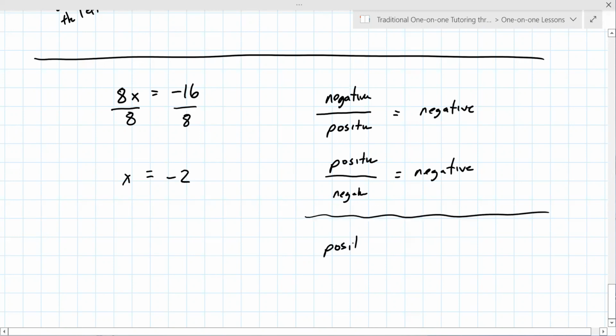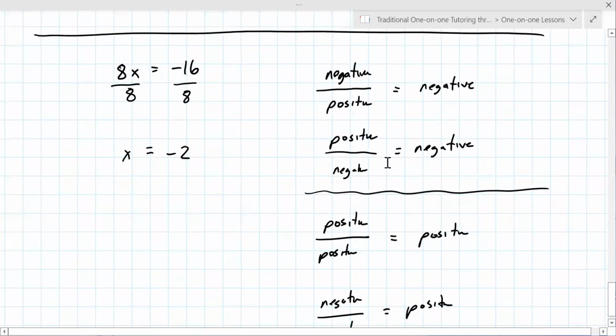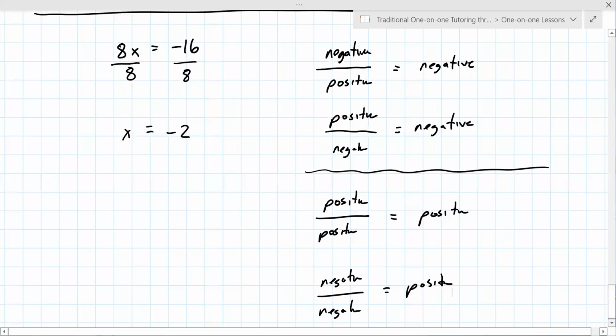A positive divided by a positive. We've been doing a bunch of those already. That's always positive. Negative divided by negative is positive? Yes, exactly. Negative divided by negative is also positive. So just like there's rules for adding like signs and opposite signs, you've got the same thing here for division and multiplication. So if they're mixed up, it's always going to be negative. If they're paired together, it's always going to be positive.